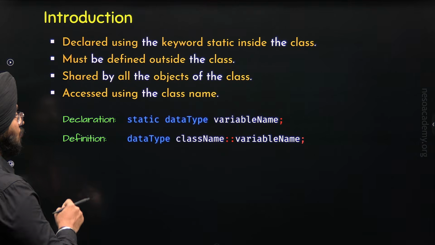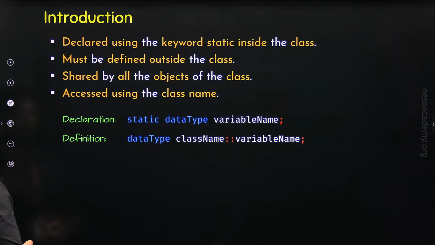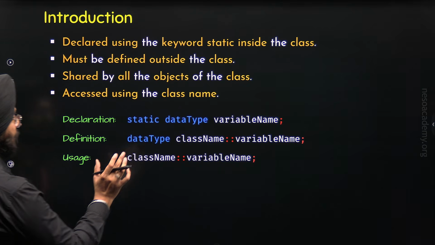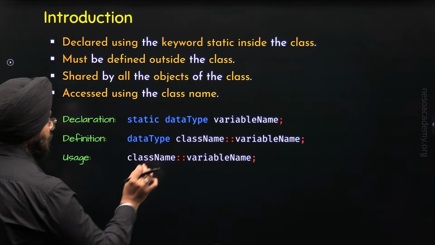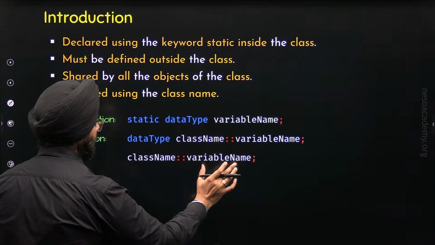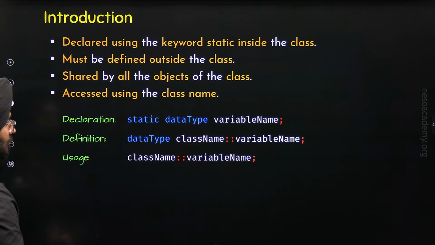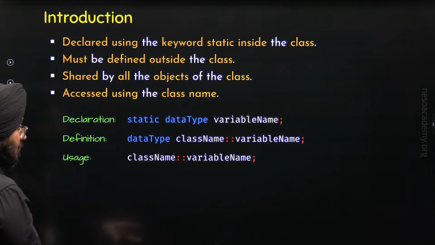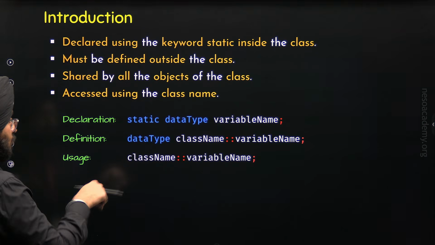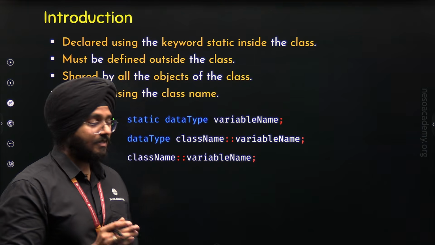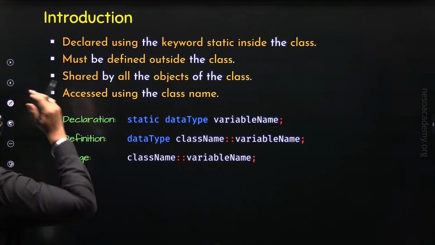Now let's see how to use a static data member. This is the usage of a static data member. We need to specify the name of the class, then after this the scope resolution operator, and then the name of the static data member. Now here you can observe that we are using the scope resolution operator to define a static data member and to use the data member outside the class. This is the use case of the scope resolution operator.